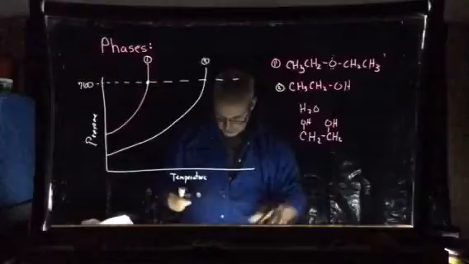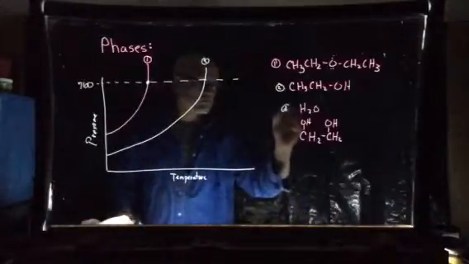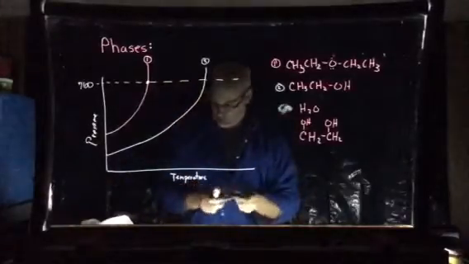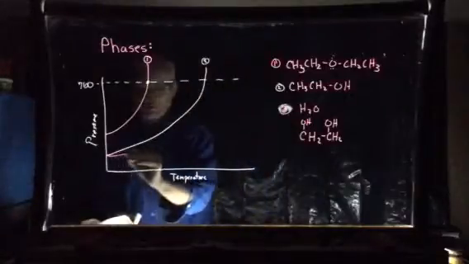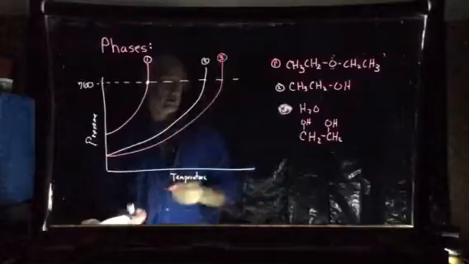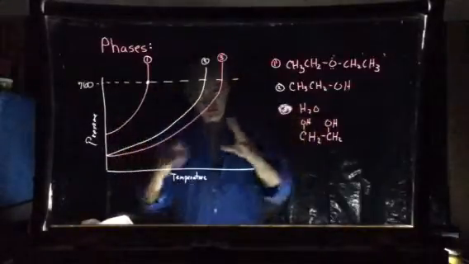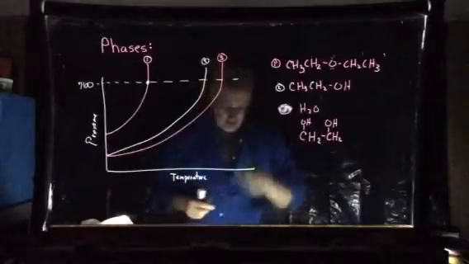It's probably not going to look as neat. So if we did water, that smears. Let's go back to pink then. Water is going to look very similar because it has hydrogen bonding, and it's a smaller molecule. The hydrogen bonding can get closer, so it's actually going to boil at a much higher temperature.